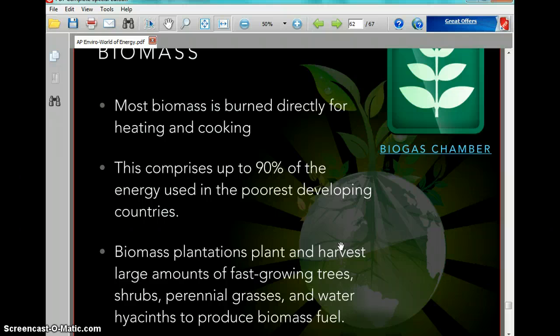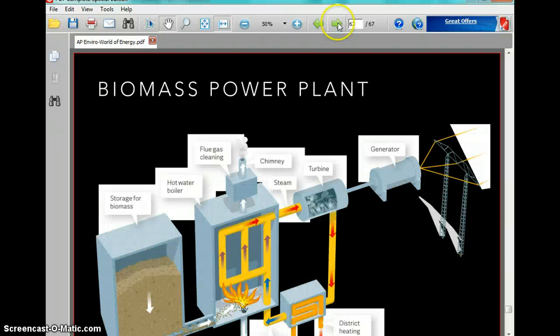Now, biomass plantations plant and harvest large amounts of crops that they can then grow for biomass. They have to be fast growing, because you can't wait for a tree to grow for 20 years just to power your car. And they have to be fuel energy crops, so they have to be high heat content crops, because you want to be able to use the heat.